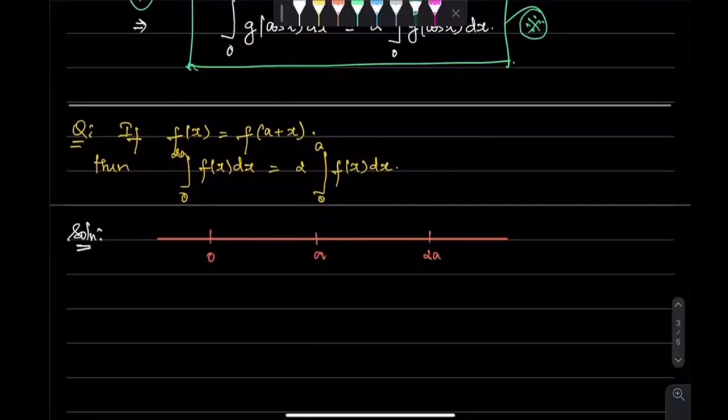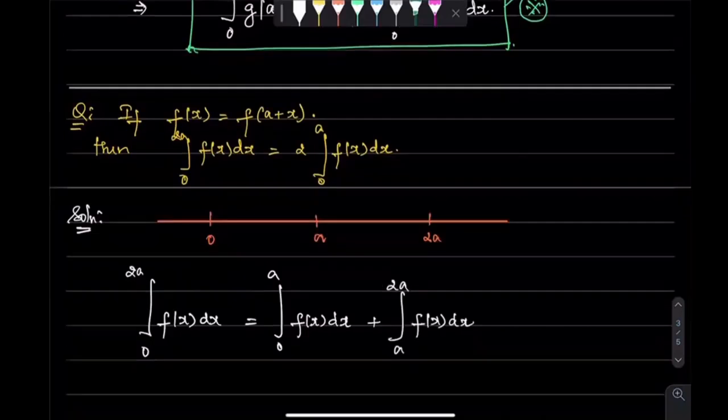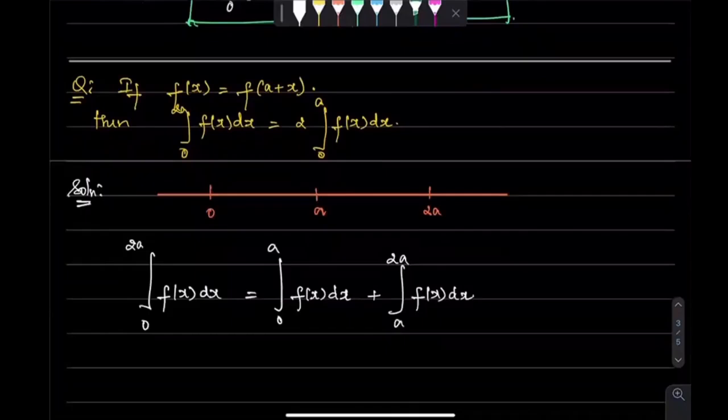So can I write integral 0 to 2a f of x dx as integral 0 to a f of x dx plus, what is next? a to 2a f of x dx. Can I write it like this? Yes, sir.